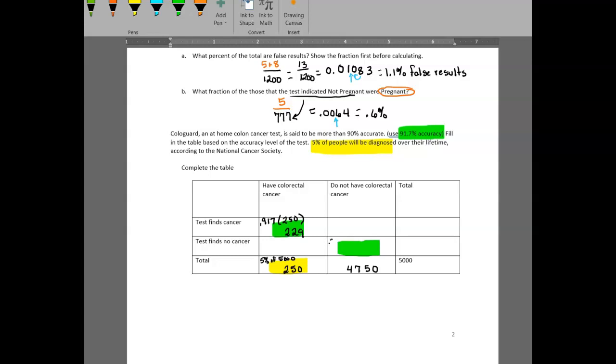91% or 0.917 times 4,750. That means the test will correctly say that 4,355 people are in fact not having cancer. That leaves us with our false results, which would end up the difference in those.